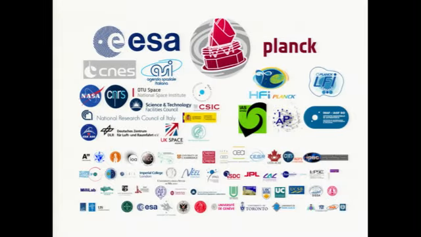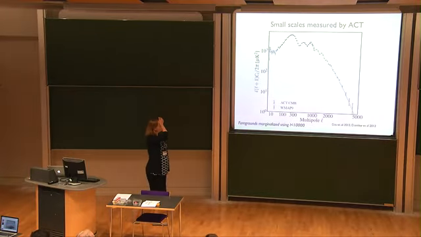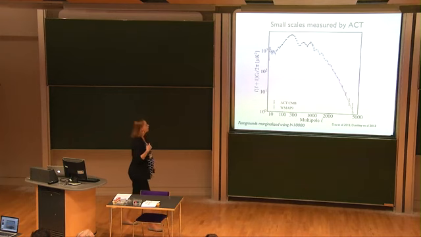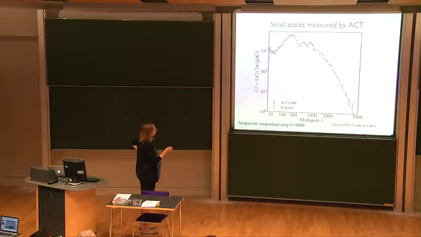Okay, so we've now got this enormous dynamic range of scales that have been probed by the CMB. You've already seen the plot from Planck. This was our final power spectrum measured of the CMB by ACT earlier this year. As usual, I'm showing the power spectrum against multipole here, and now on a log scale, where the blue data points are WMAP, and the red data points are ACT.